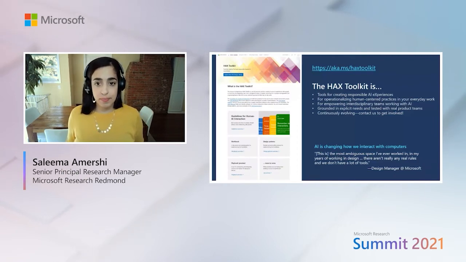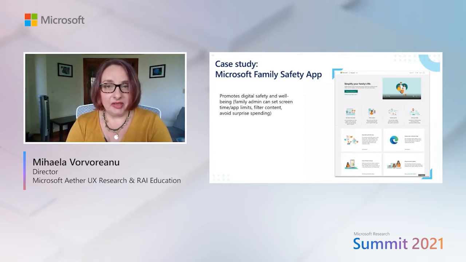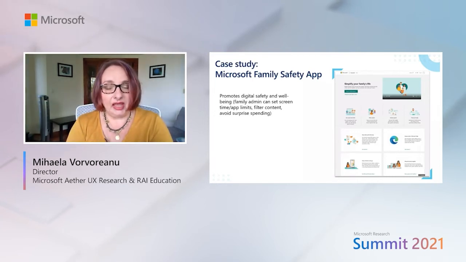So thanks. All right, so let's take a look at a case study, seeing how an actual feature in an app that has been released by Microsoft used the HAX toolkit to improve the user experience and make it a responsible one. So we'll be talking about the Microsoft Family Safety app.